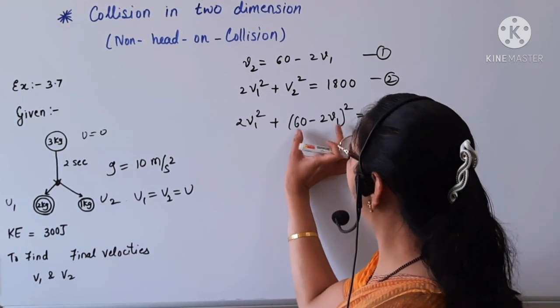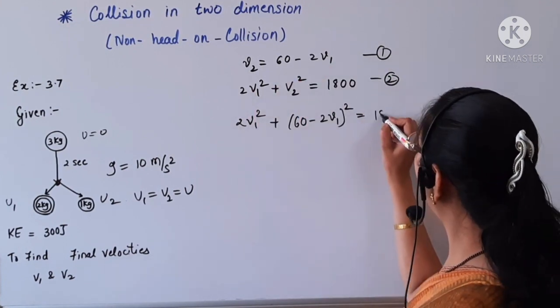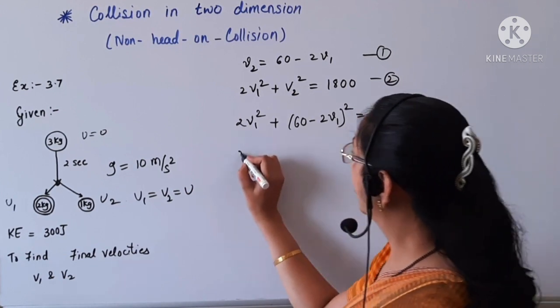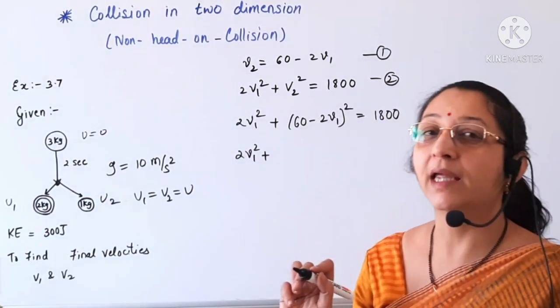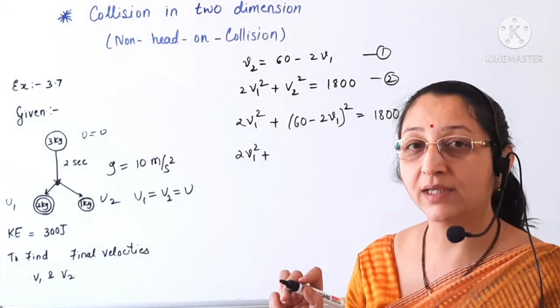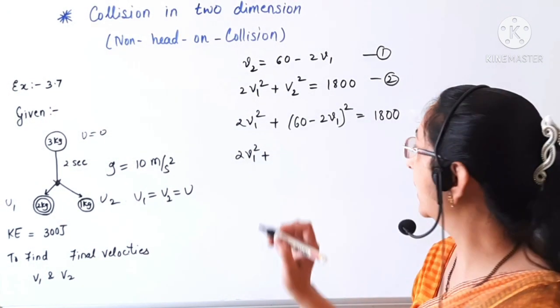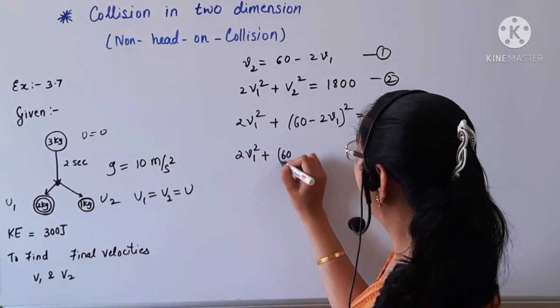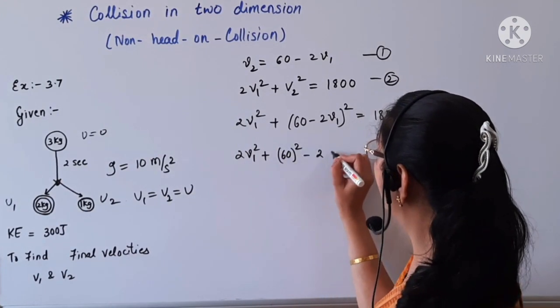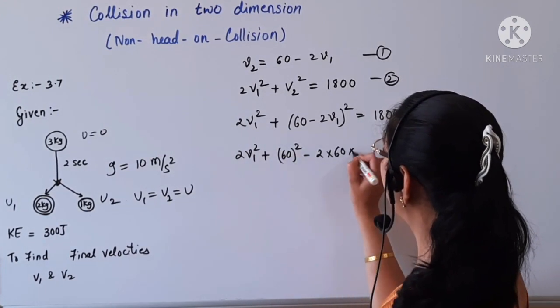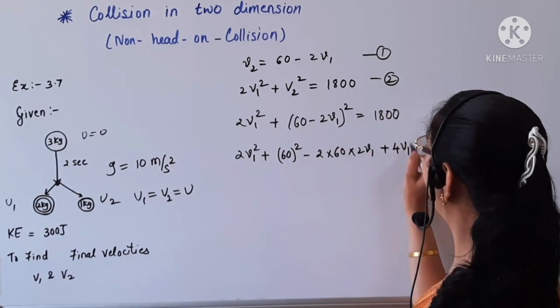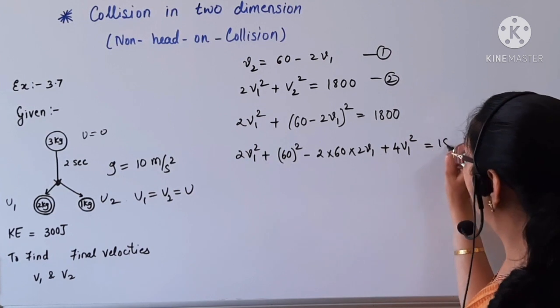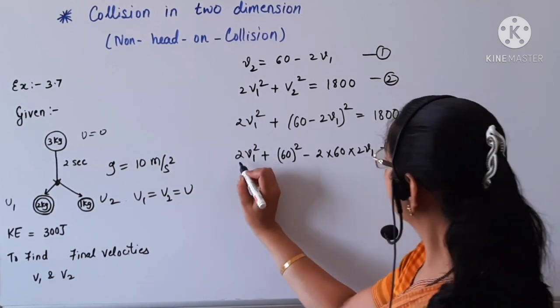So, this is for v2 we have written. This is 1800. So, 2v1 square. Now, we expand this according to (a minus b) square, so a square minus twice ab plus b square. So, we get 60 square minus 2 into 60 into 2v1 plus 4v1 square. So, this is equal to 1800.